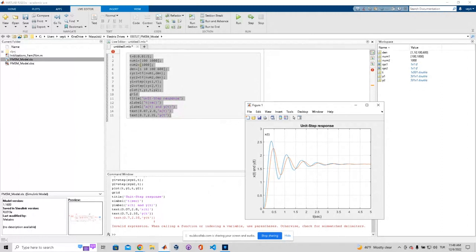We plot, as you can see, the unit step response, and then you can define your xt and yt. We can add labels. See, these are your labels, t in seconds, and then xt and yt. And with the text, you can simply add your xt and yt in a graph, like we defined it here.